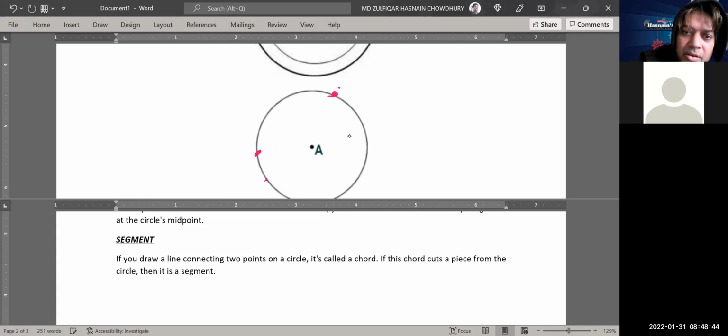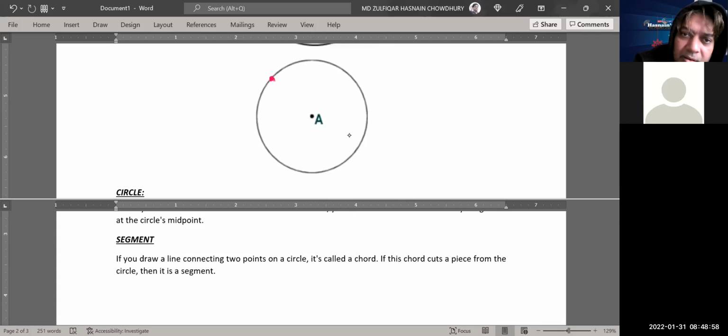So this is a circle. This is the center. And this is a point on the circumference. What is this? I don't know, that's an angle.